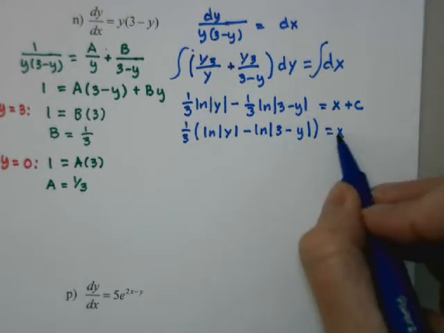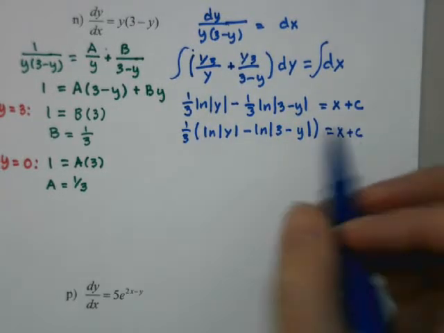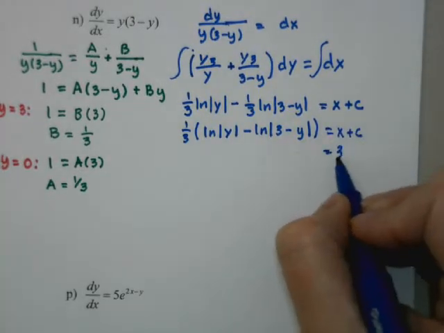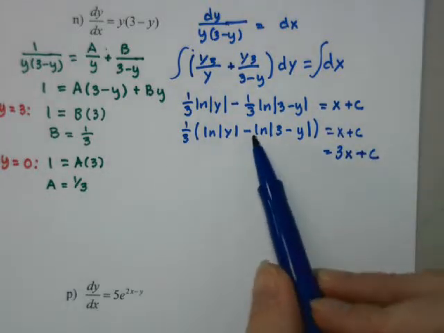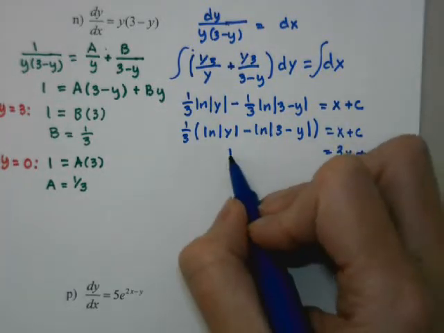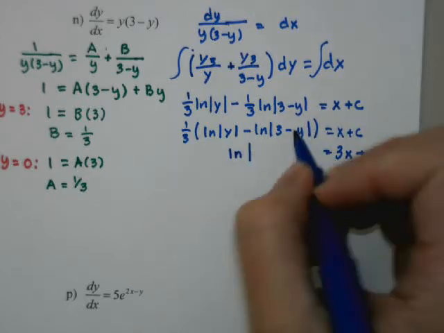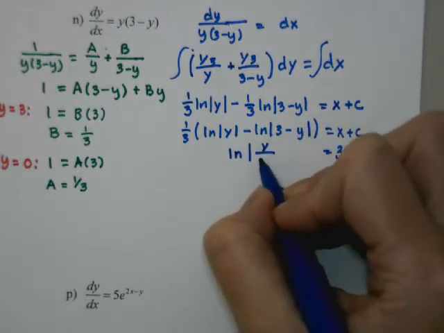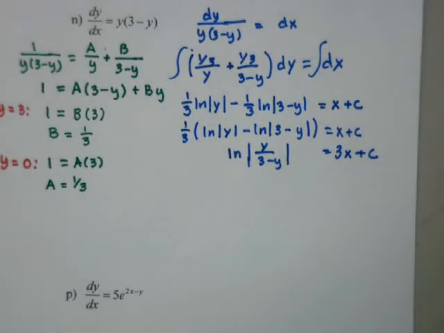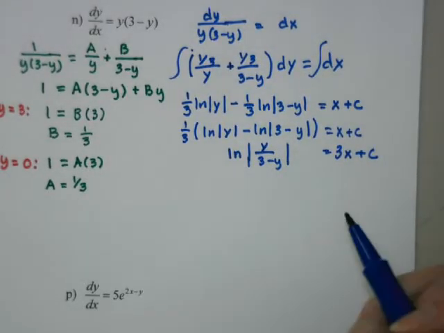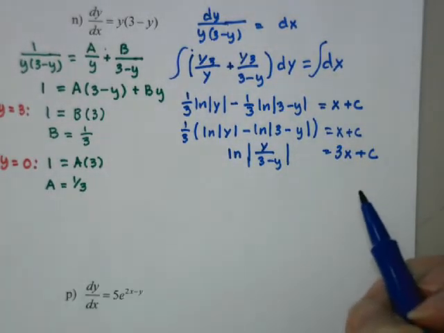Okay, I'm going to multiply the 3 over. So this side will be 3x plus c. Here, if I have a natural log minus natural log, we can use the quotient rule. So now we have natural log of y over 3 minus y equals 3x.